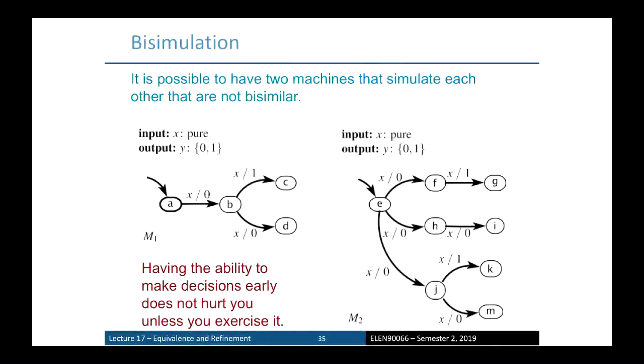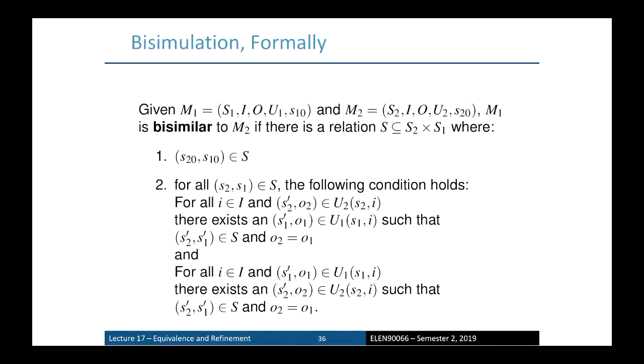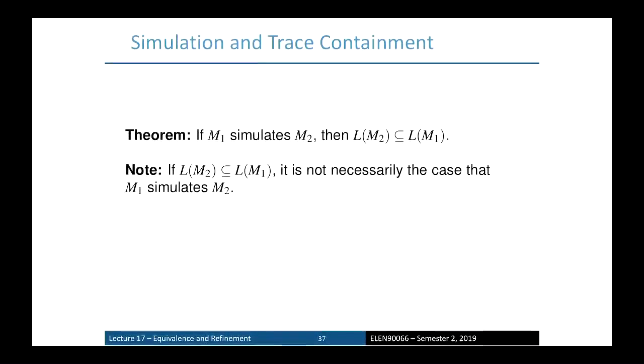The formal definition of bisimilarity is essentially the same, such that we have pure equality between the two outputs. The theorem in terms of language equivalence is that if M1 simulates M2, then the language of M2 is contained in the language of M1.